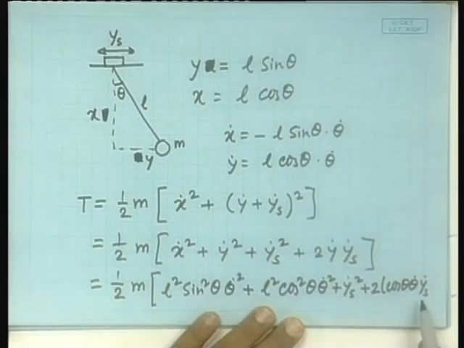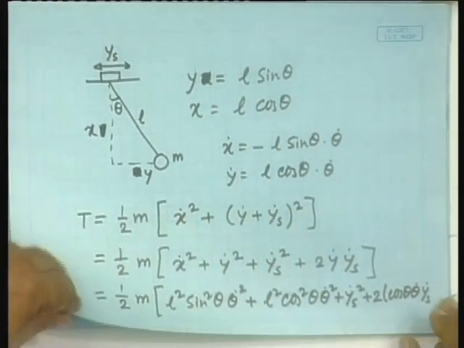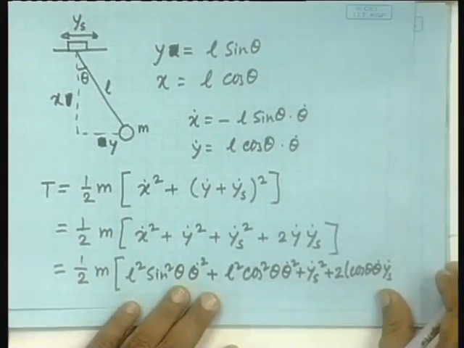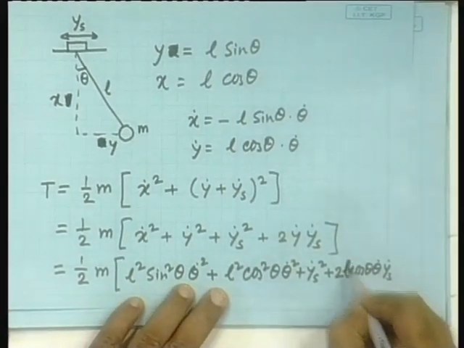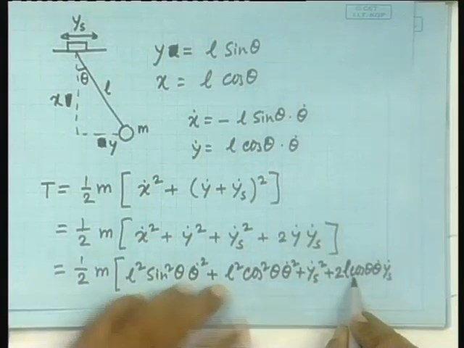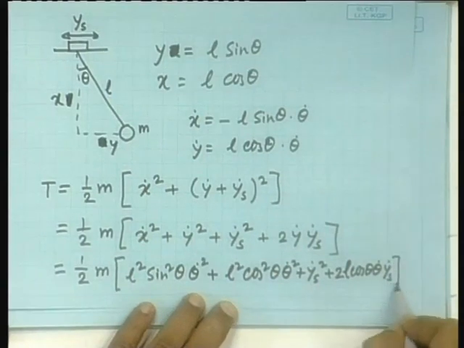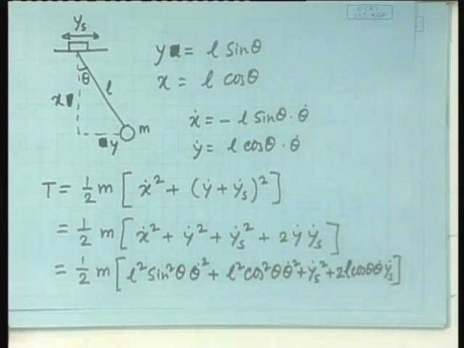Has it gone off the screen? Let us move it a bit, then you will be able to see. Twice L cos theta, theta dot, y s dot, right? Happy?